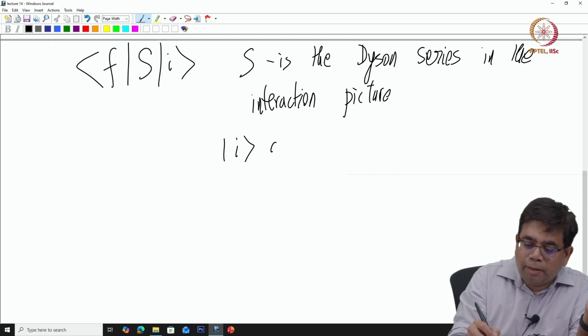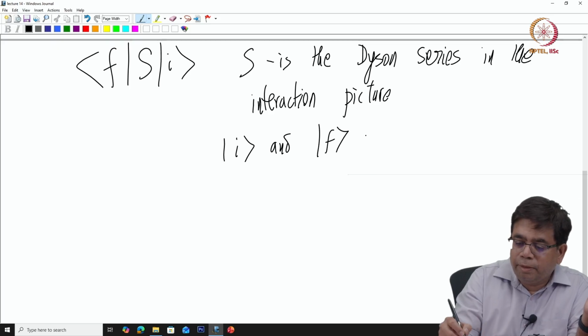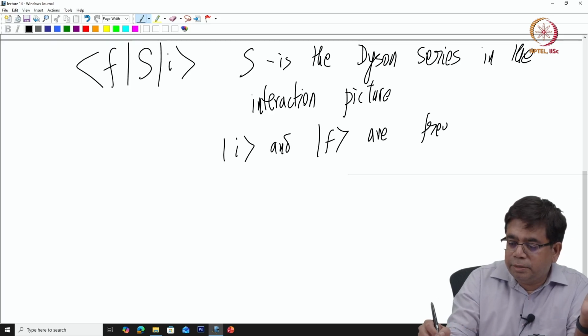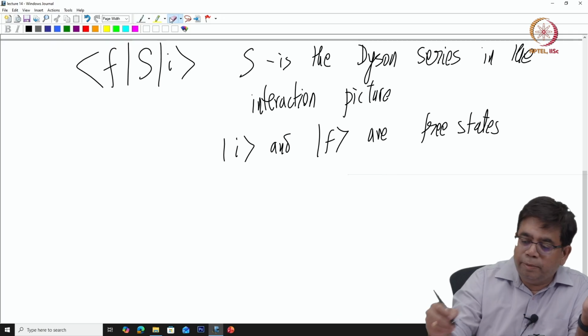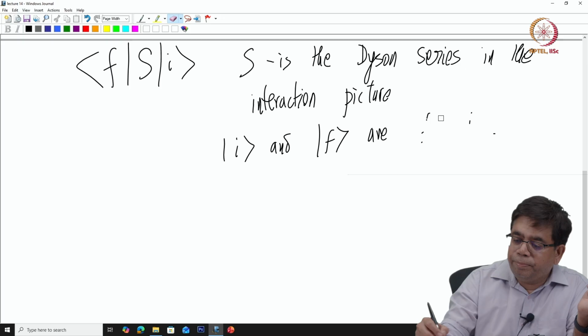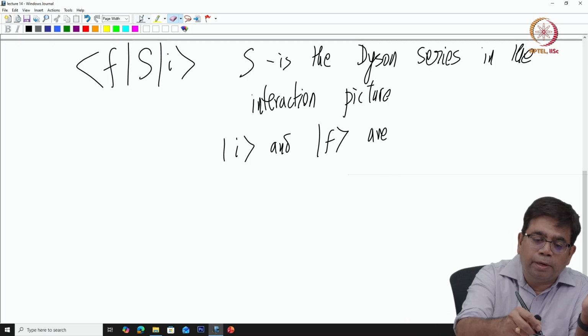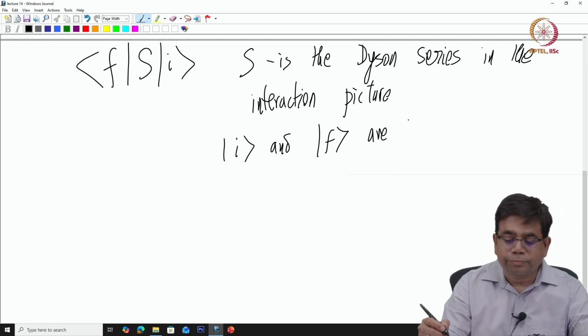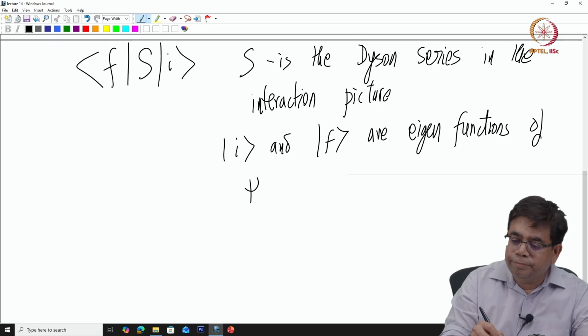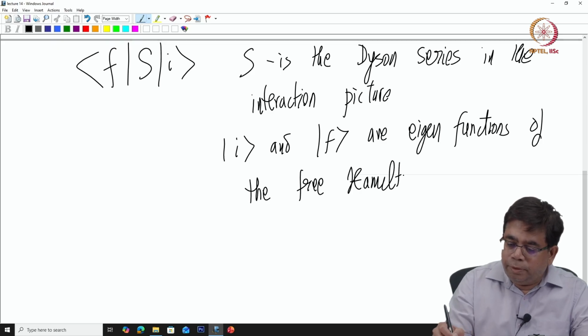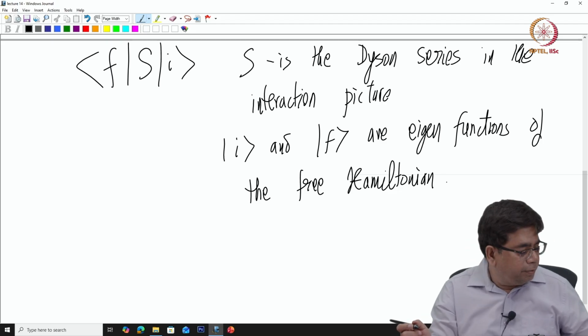I and F are free states, or let me put it more precisely, eigenfunctions of the free Hamiltonian, or the free Lagrangian or something.